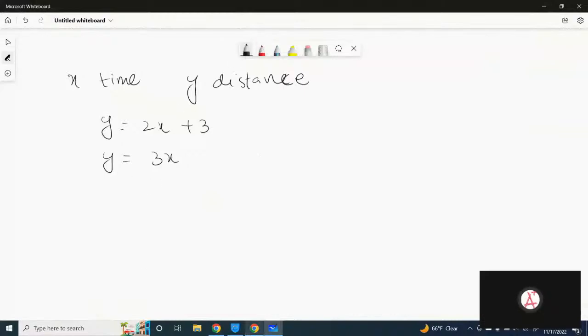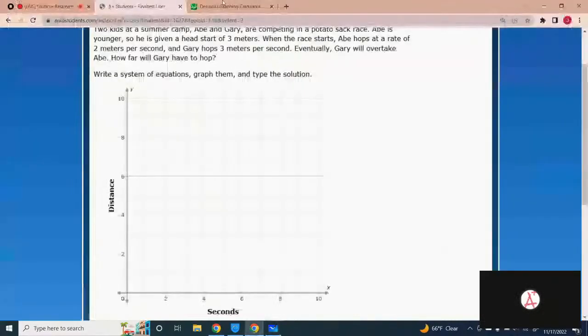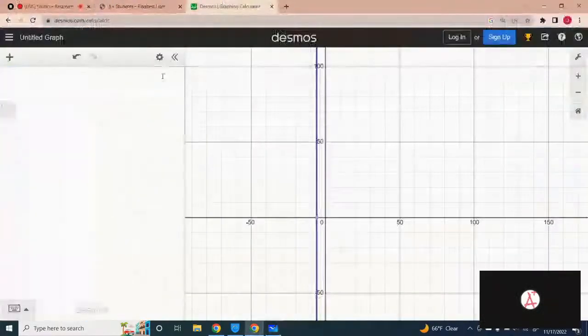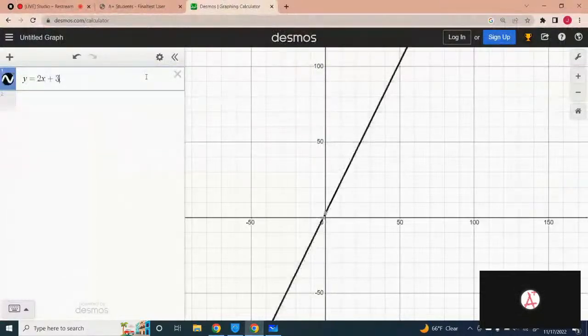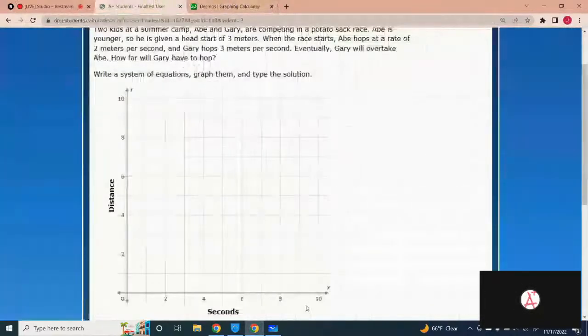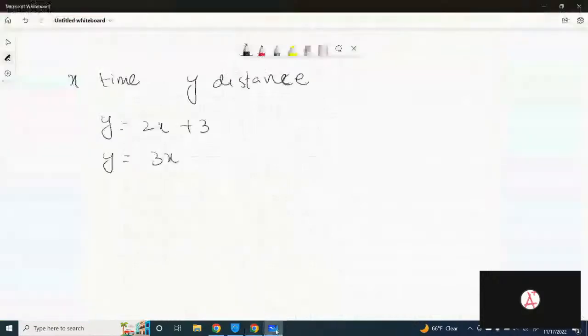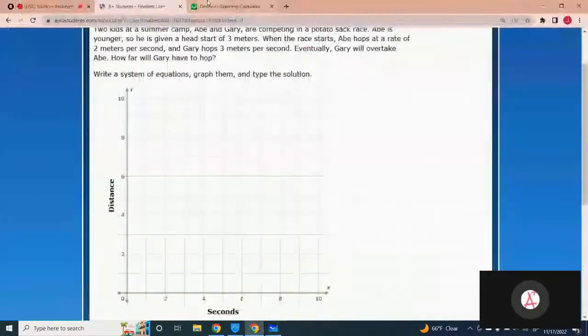Y equals 2x plus 3, and the second equation is y equals 3x.